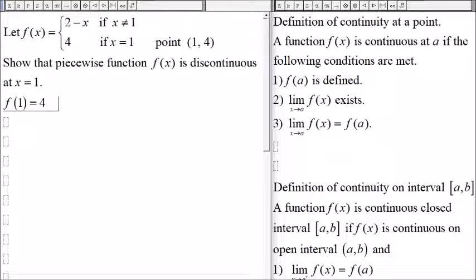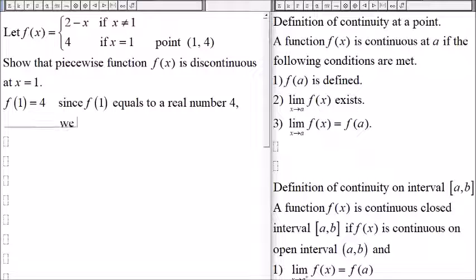That's what this says right here. And therefore, since f of 1 equals a real number, 4, we say that the function f of x is defined at x equal to 1, because f of 1 is equal to a real number. And so condition number 1 is met.